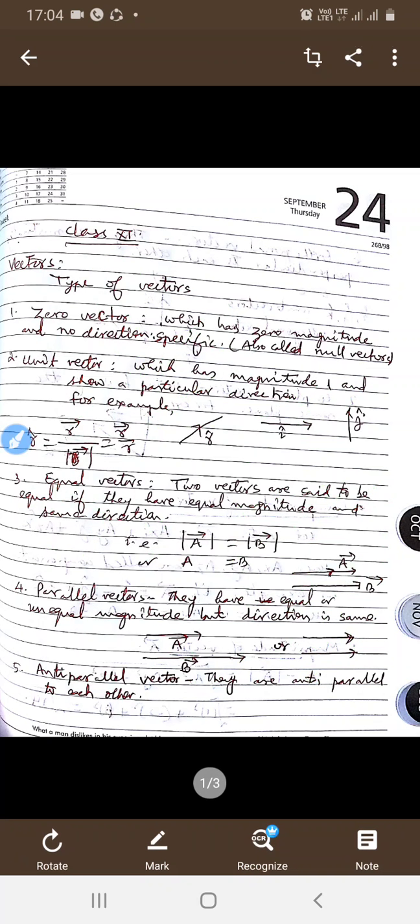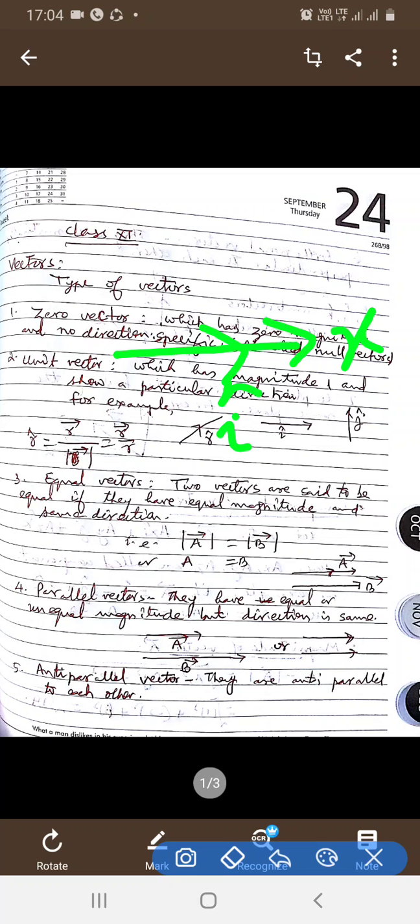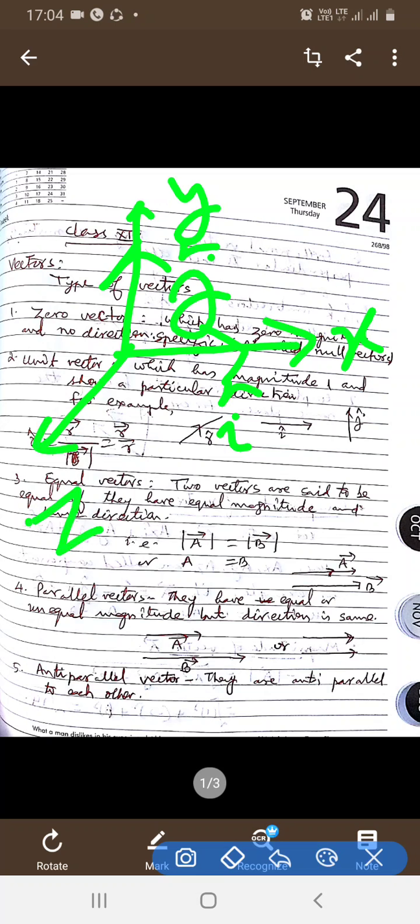Say for x direction here the unit vector is i cap, i unit vector. For y direction, remember the unit vector is j cap, and for z direction the unit vector is k cap.